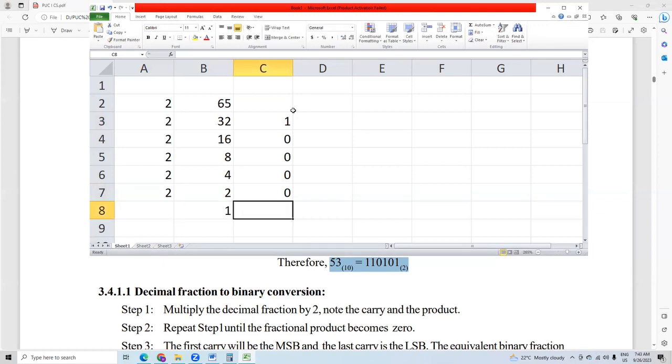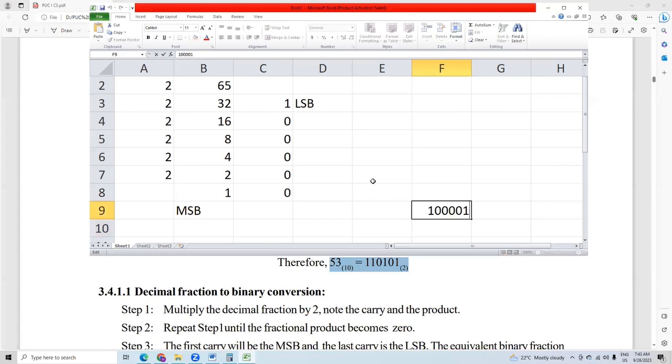Then 2 1s are 2, remainder 0. So this first 1 is the MSB, most significant bit, and the last 1 is the LSB. When writing, always write in the direction of MSB to LSB. That means this digit first, then this, then this, and last this one. So 1, 5 zeros, 1.